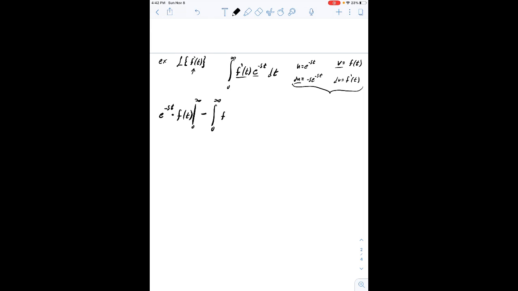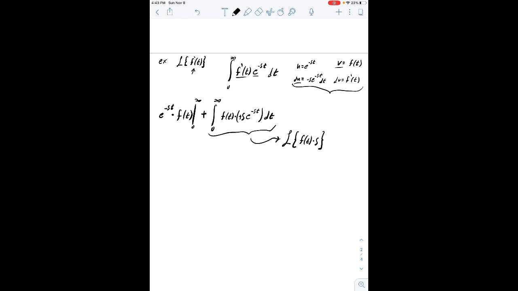So I'm going to say f of t times negative s e to the negative st, and then there should be a dt right here. Okay, so now we can add this, and we notice something kind of interesting here. This is actually the definition of the Laplace transform of f of t times s, right?